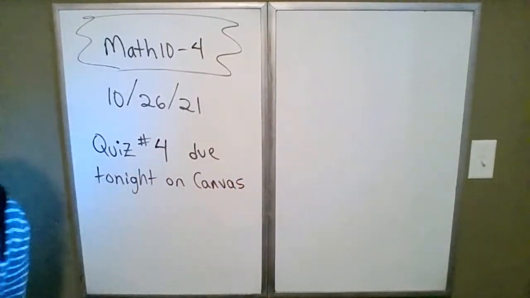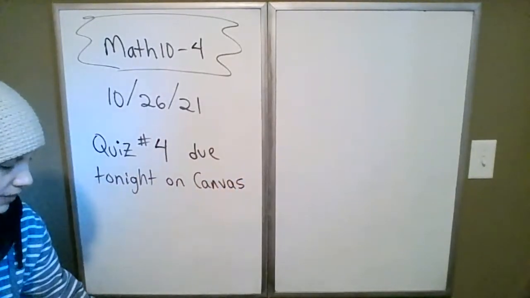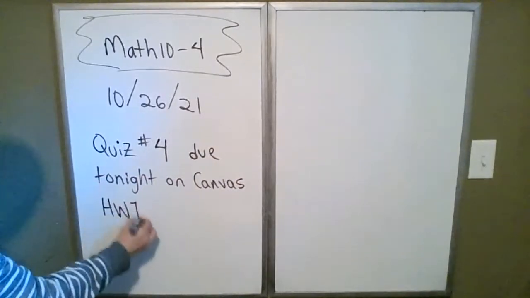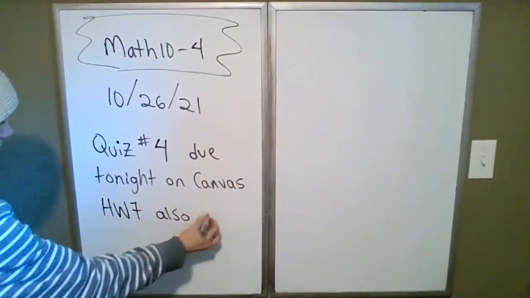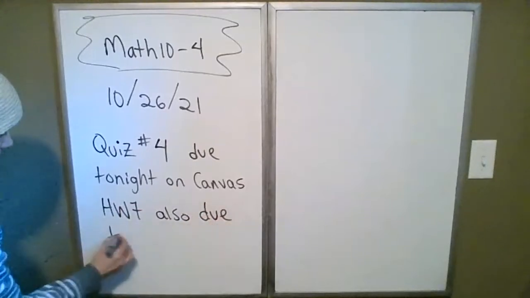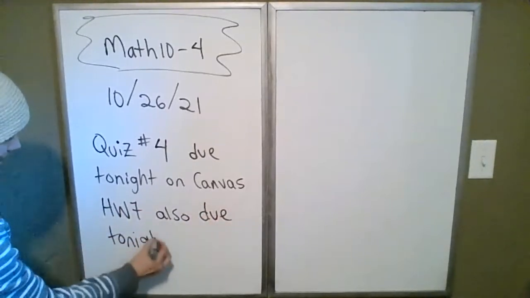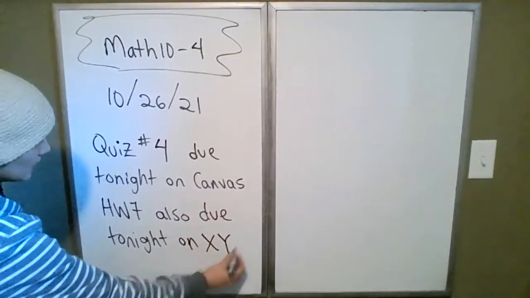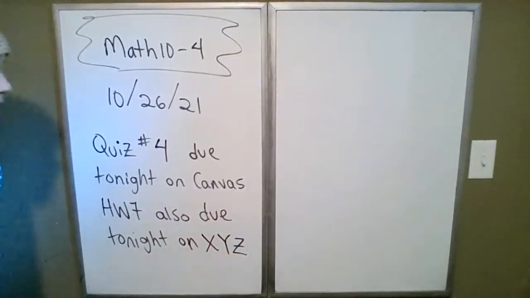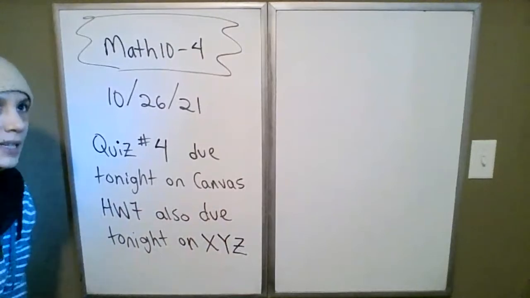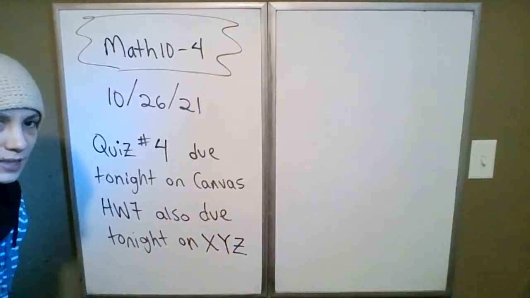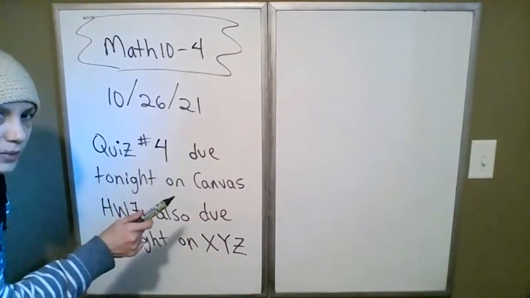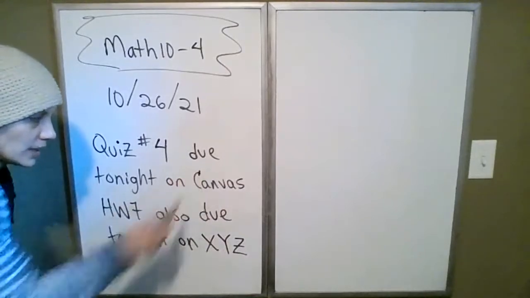For the homework, it's XYZ, and you're on homework number 7, also due tonight. It's been a little busy lately, but soon I will try to update your Canvas gradebook so that you can know what your class grade is.